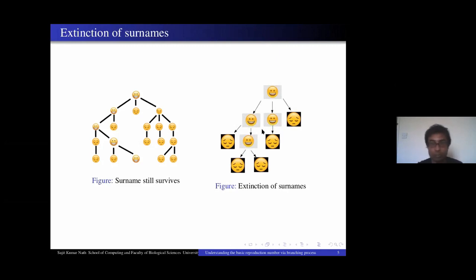This problem was posed like this by Sir Francis Galton, and then Watson suggested a solution, showing in which case the surname has a much higher probability of dying out, and in which case a lesser probability.